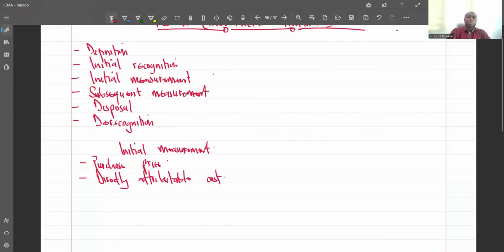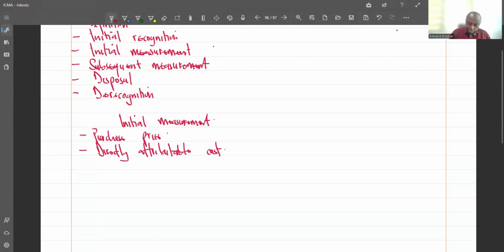Now, what about the subsequent measurement? If we remember under IAS 16, we said the subsequent measurement deals with two models, where we said the cost model and then the revaluation model, right?